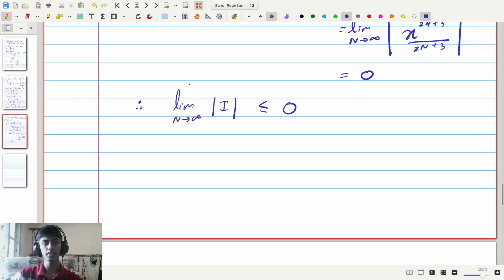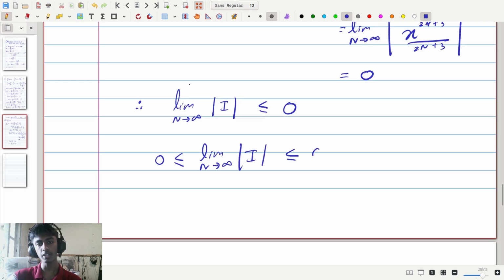Now here we have an absolute value. If we have an absolute value, this value itself is going to be greater than or equal to 0. So we can say 0 is less than or equal to the limit as n approaches infinity of the absolute value of I, which is itself less than or equal to 0.